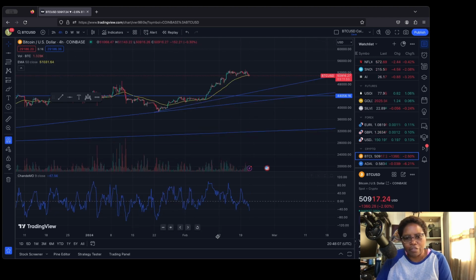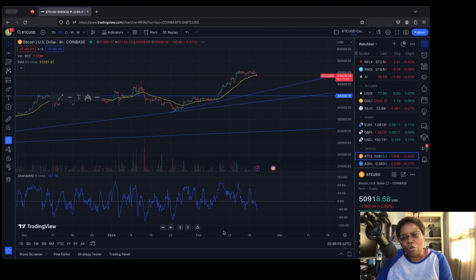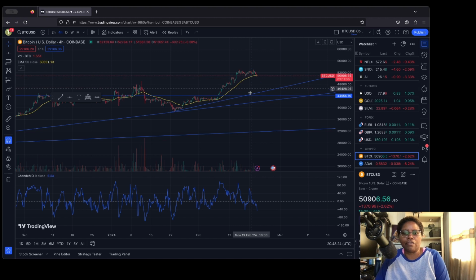It's now in a negative. And not only that, but it has crossed the 50 EMA, the 50-day exponential moving average. We can see here how it has gone up and down around the 50-day moving average.